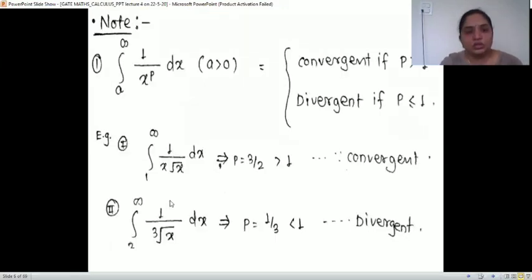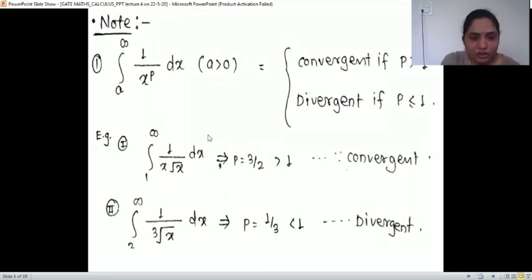So note, the integration from a to infinity of 1 upon x raised to p dx, where a is positive. Remember, this a should be greater than 0. It should not be 0 or less than 0. Okay, so in such a case, the integral of 1 upon x raised to p is convergent if p is greater than 1, and divergent if p is less than or equal to 1.